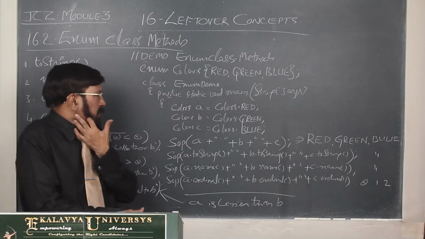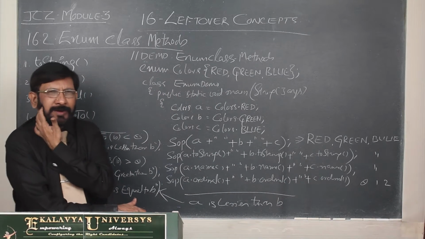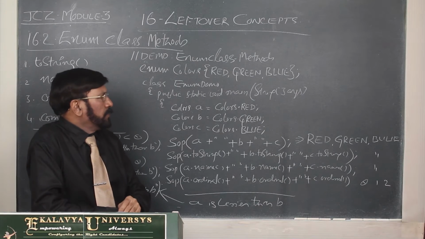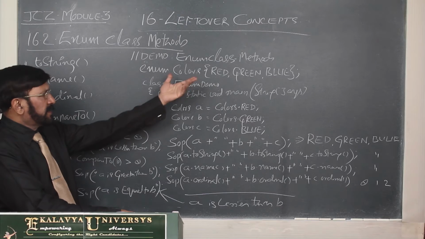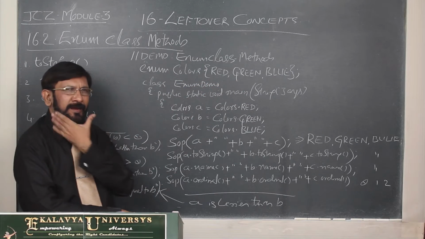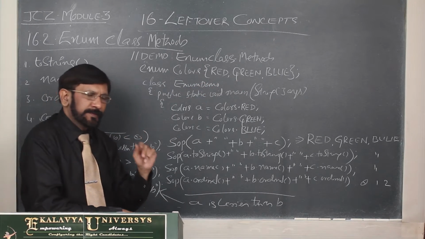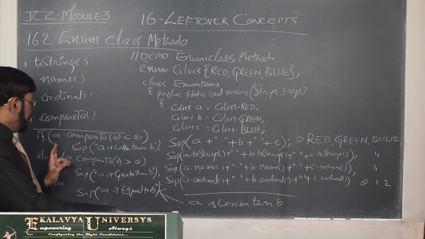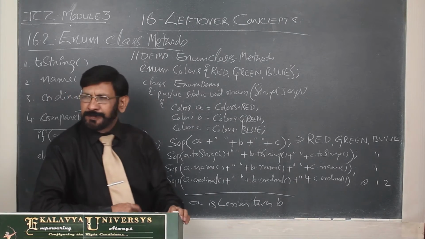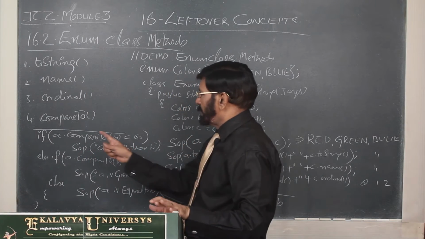Okay. Thereafter one more, compareTo. If you want to compare these enum constants, you can compare them. Their order is their ordinal, so according to that only they are compared. Now you see, I am writing an if, else if statement, a continuation of the same program.